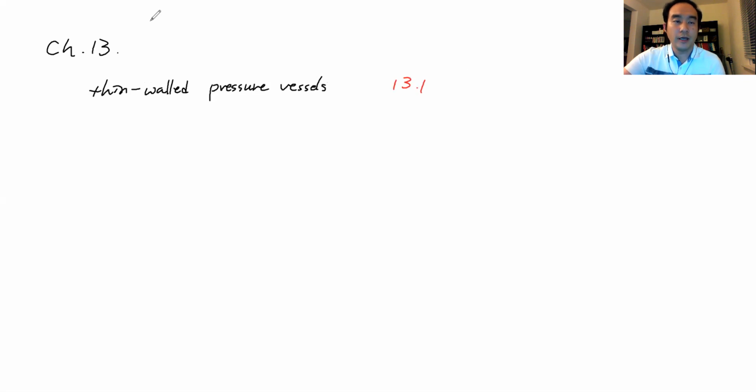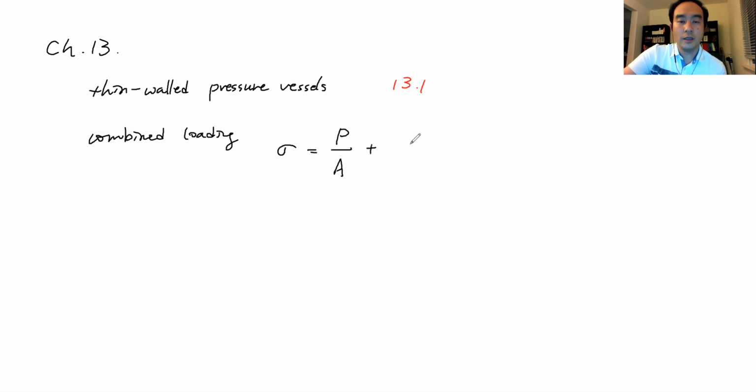The other half of chapter 13 was about combined loading. We have the sigma value due to the axial force, and then My over I, or when you have unsymmetric bending, we have two different moments.